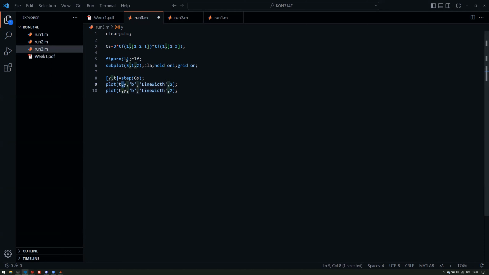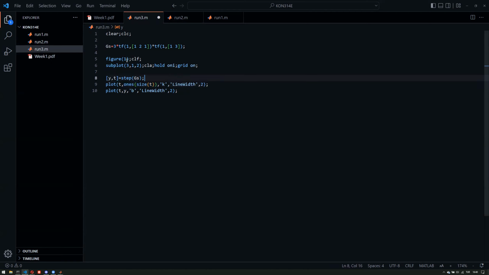And since basically a step function is applied, what I can do is I can just generate the sort of step function. So it will have the same size as t vector, time vector, but I will generate a vector of ones. And that's basically it.